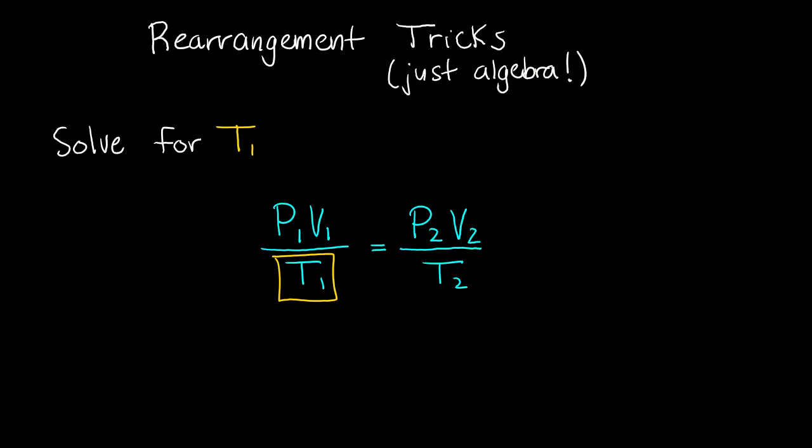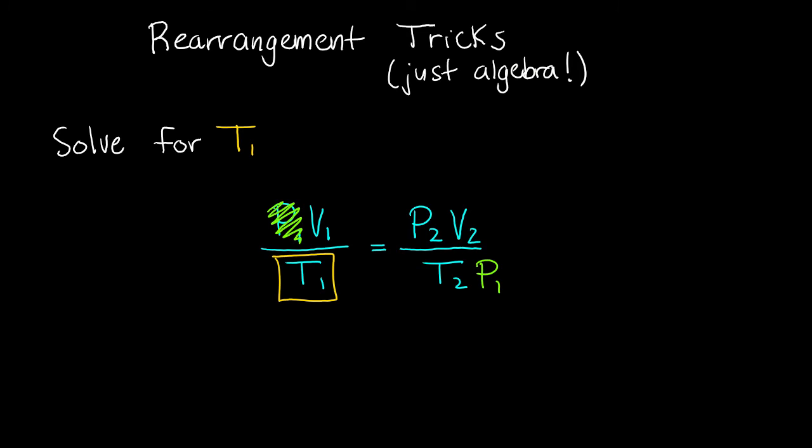Now, in a different situation, we might have to solve for the initial temperature. If you look at the left side, I have some variables I want to get rid of. I should get the P1 and the V1 to the other side. To do that, I will multiply both sides by the inverse of P1, which is the same as dividing both sides by P1, putting P1 in the denominator on the right.